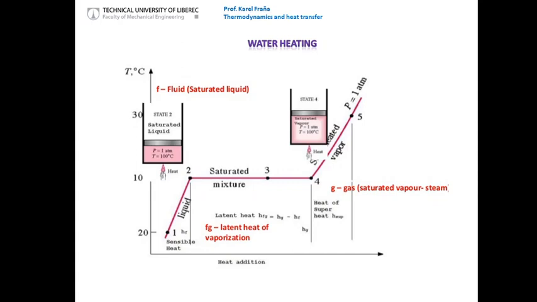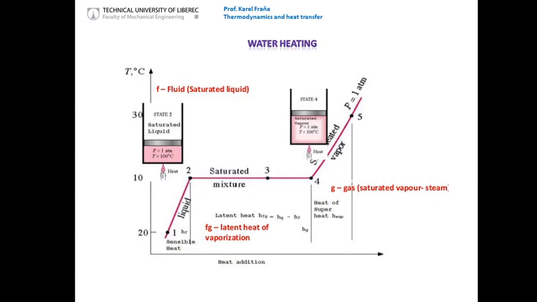This is the typical case which you can find in many applications, in many engines. Particularly, if you look at what happens between points 2 and 4, this is not only an isobaric process, it is also an isothermal process.